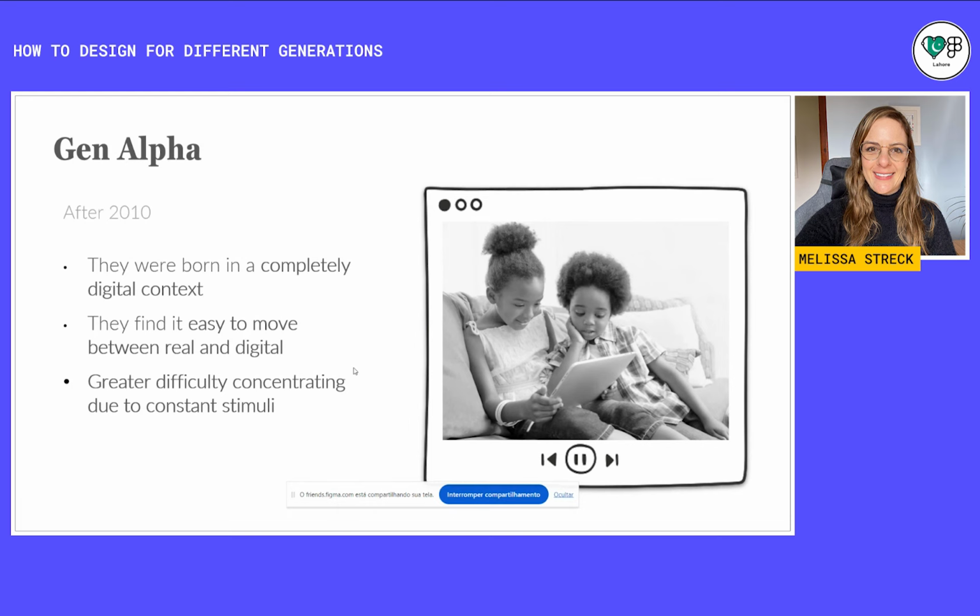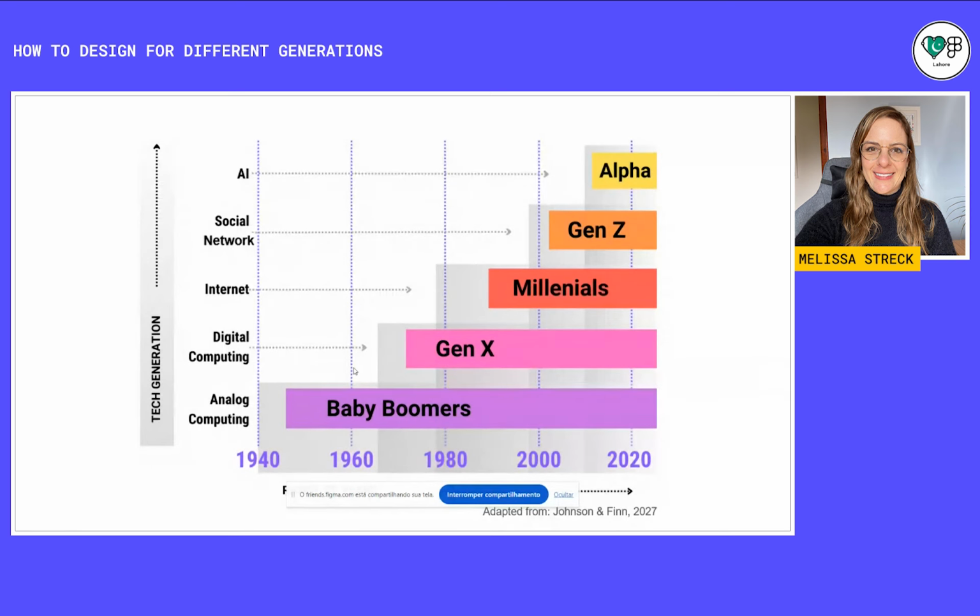They also sometimes have greater difficulty concentrating, due to constant stimuli. As they grew up in this environment with a lot of technology and a lot of things happening, it is sometimes very difficult to concentrate on some tasks.